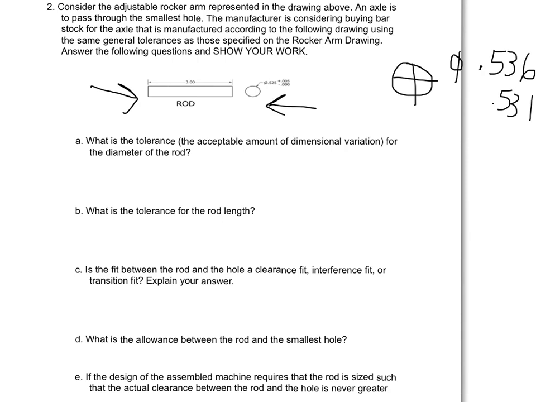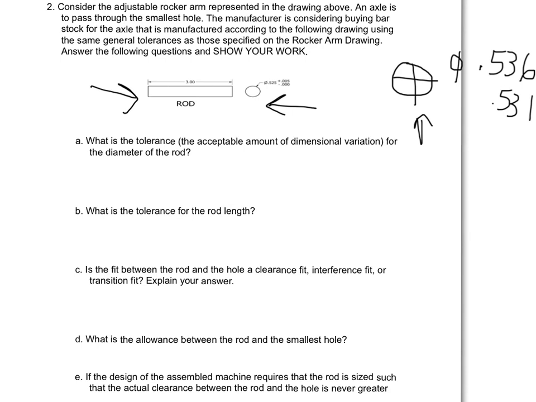That's important information. Let's keep reading because there's some important stuff in here that I want to make sure you understand. It says an axle is to pass through the smallest hole. Here's the smallest hole that I just drew. The manufacturer is considering buying bar stock for the axle that is manufactured according to the following drawing using the same tolerances as those specified on the rocker arm drawing.